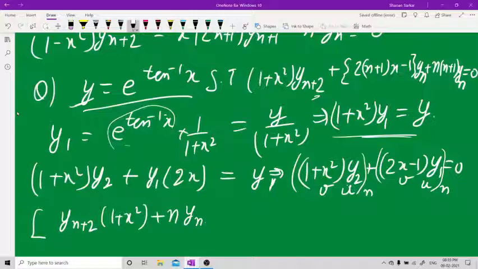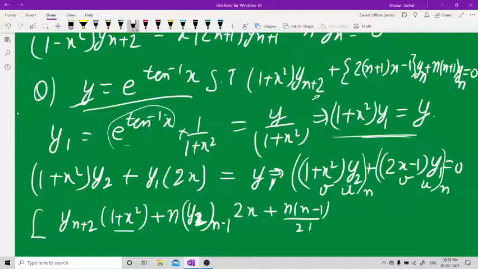Then you write this as (n − 1), then differentiate this, this is 2x. Now again, n(n − 1)/2! y(n), and the differentiation of this into 2. Close the bracket.